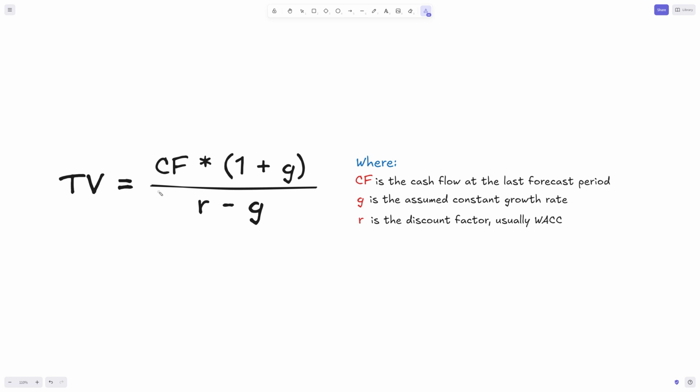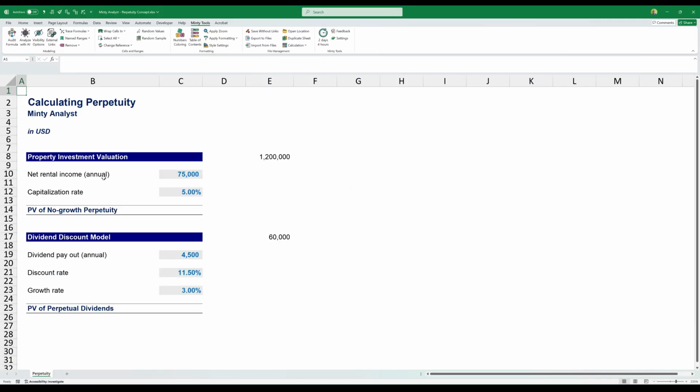So when we're calculating terminal value, we usually have like a 5-year discounted cash flow model or something like that, and we use the cash flow in the last forecasted period multiplied by 1 plus g, the growth rate, to get to the terminal value period, so the first non-forecasted period, and then we assume that this cash flow is just gonna go into perpetuity with this growth rate, and we essentially get cash flow 1, which is gonna be the cash flow at the terminal value period over r minus g, which is the same as what we had up there. So let's look at 2 quick examples.